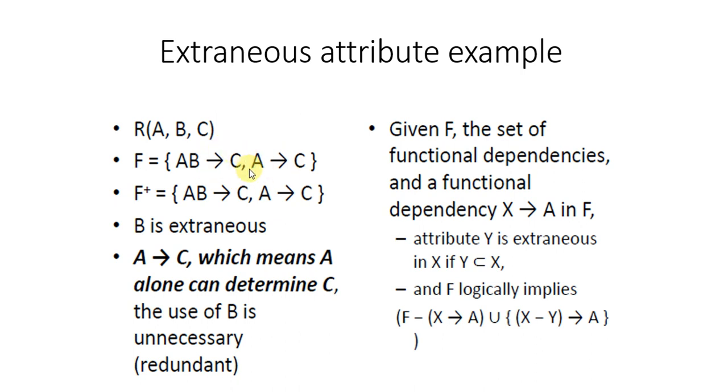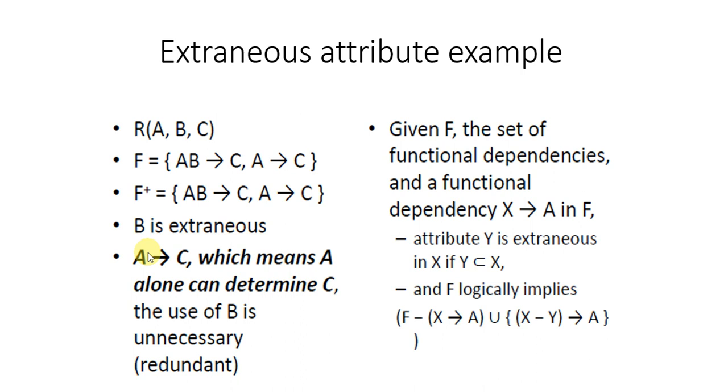And here we can say that B is extraneous. That is A to C, which means A alone can determine C. The use of B is unnecessary, that is redundant.